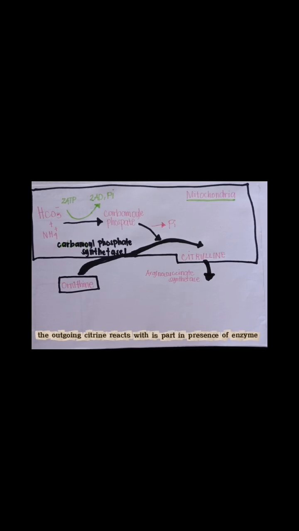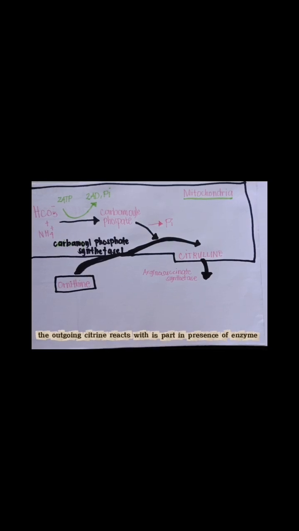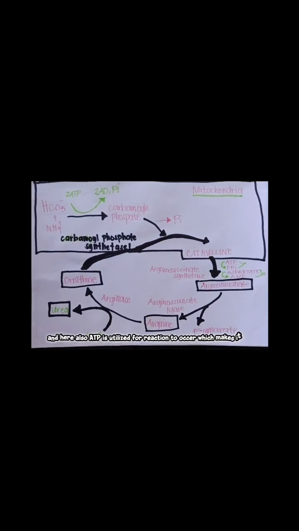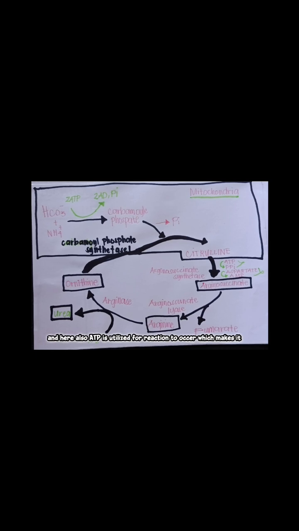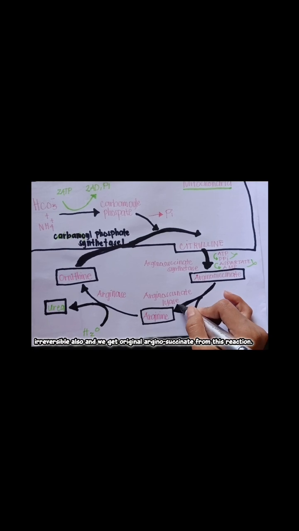The outgoing citrulline reacts with aspartate in the presence of the enzyme argininosuccinate synthetase. And here also ATP is utilized for the reaction to occur, which makes it irreversible also, and we get argininosuccinate from this reaction.